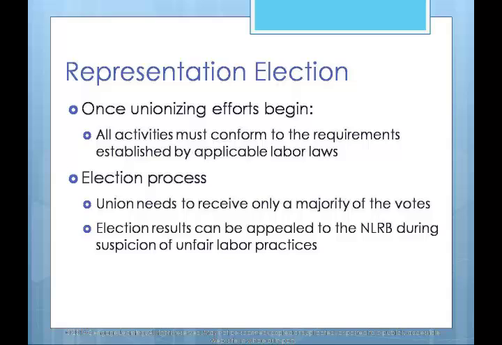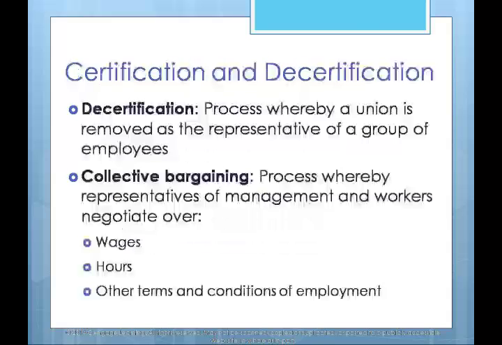Once unionizing efforts begin, activities happen, but they've got to be in compliance with labor laws. And then we talked about unions needing to receive a majority of the votes. Election results can be appealed to the NLRB if there's a suspicion of unfair labor practices.